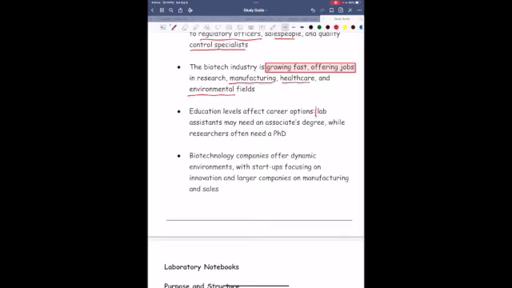You can begin as a lab assistant, someone who just helps out, doing things like the BACE test, then move on to an associate's degree. As you get higher up, they may require you to have a PhD. So the tip to remember from biotech careers is: not all biotech jobs require a PhD.